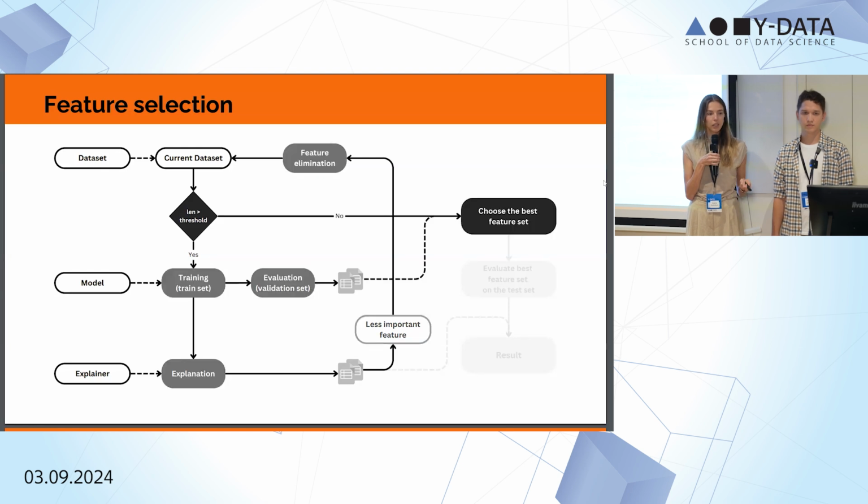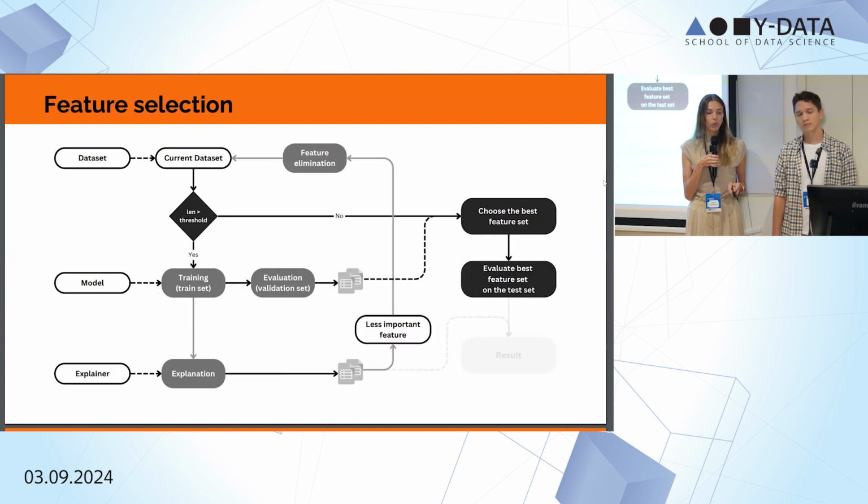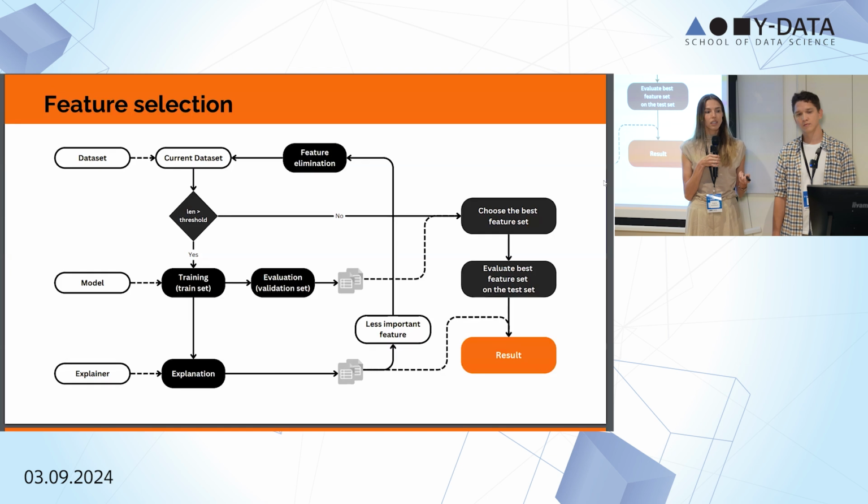When that happens, the module chooses the best feature set based on the highest value of the target metric in the evaluations which we stored earlier. The target metric can also be specified. Then it evaluates the best feature set on the test set, and that is how we get the result for one explainer. This process is replicated for each explainer.